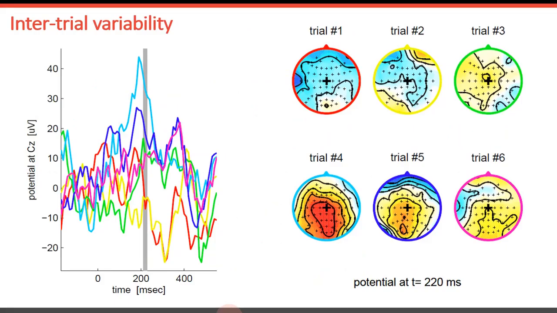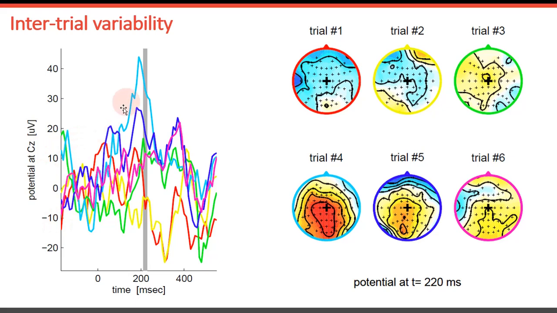If you go into more detail, we have inter-trial variability. That means the data generated at each trial is very different, even from the same subject. That puts another huge difficulty in building a practical, stable BCI. For instance, here you have data collected at a central channel, at the top of your scalp.